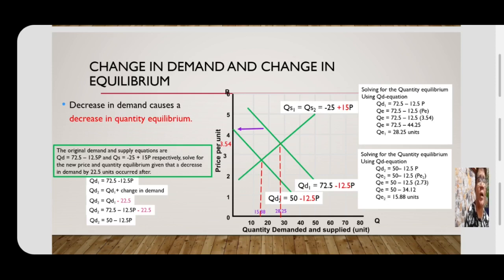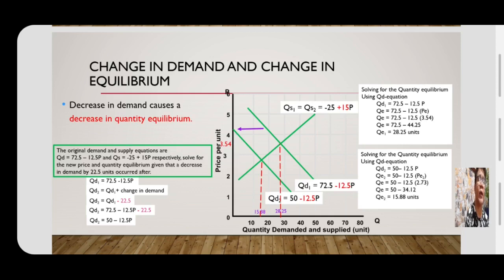So how much is the change in quantity equilibrium? The change in quantity equilibrium can be computed by subtracting the original quantity equilibrium from the new quantity equilibrium. So change in quantity equilibrium now is equal to QE sub 2 minus QE sub 1, which is equal to 15.88 minus 28.25.